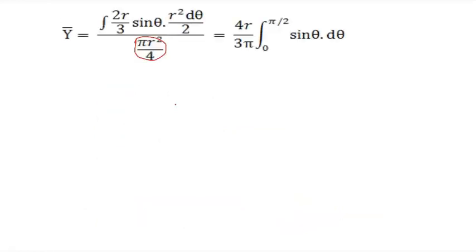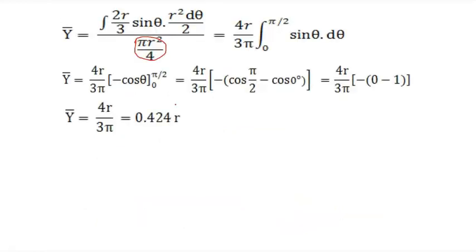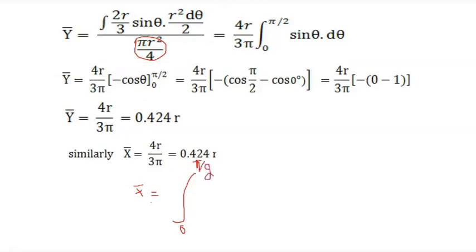Right now we had calculated y bar. Similarly, you can calculate x bar by considering the limits. You should apply the formula x bar is equal to the integration from 0 to pi by 2 only, of x into dA divided by A. This is the formula you need to apply for finding x bar.